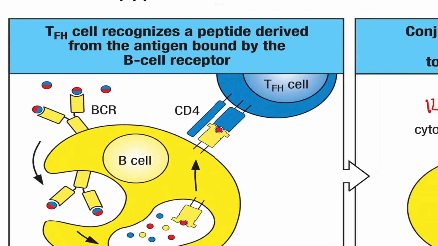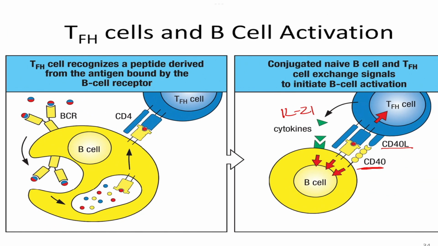That leads to internalization of that antigen, and that leads to that antigen being degraded for MHC class 2 presentation. And so you can see the degradation leading to some peptides from the blue part, some peptides from the red part, etc. The T cell is going to recognize some part of that was presented on MHC class 2.